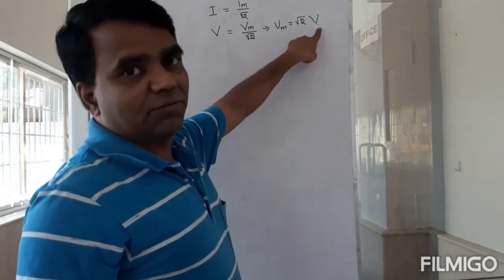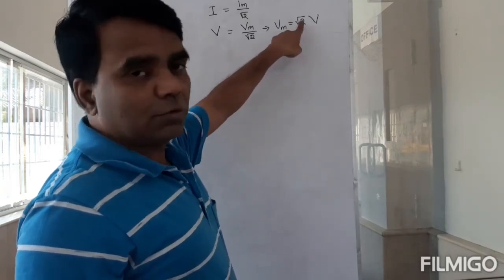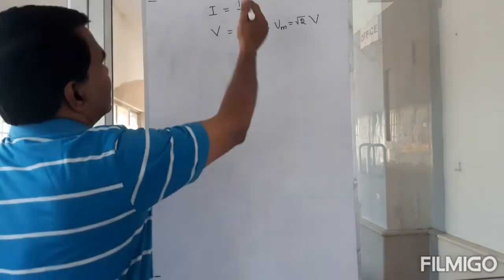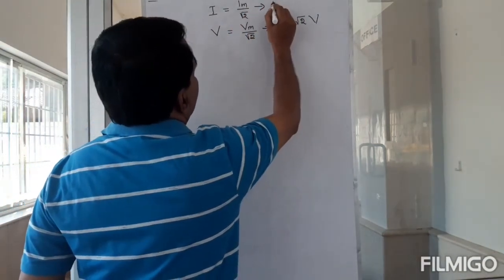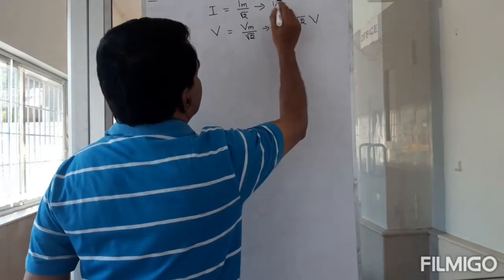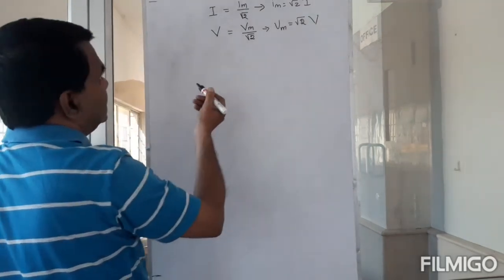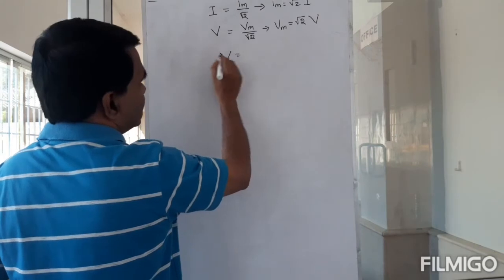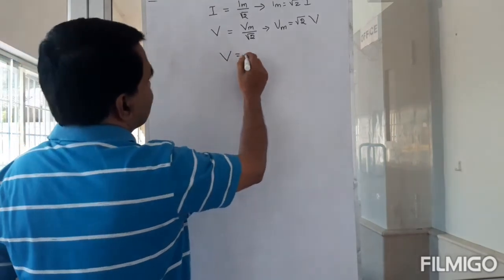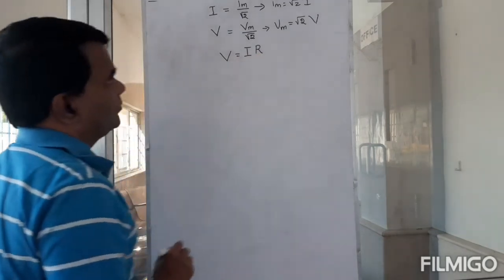Or if they gave you RMS voltage, then you can find the maximum voltage by multiplying it with root 2. The same thing there. So that gives you I max is equal to root 2 into I. And again, V RMS, this capital V is RMS, is equal to I RMS into resistance R.